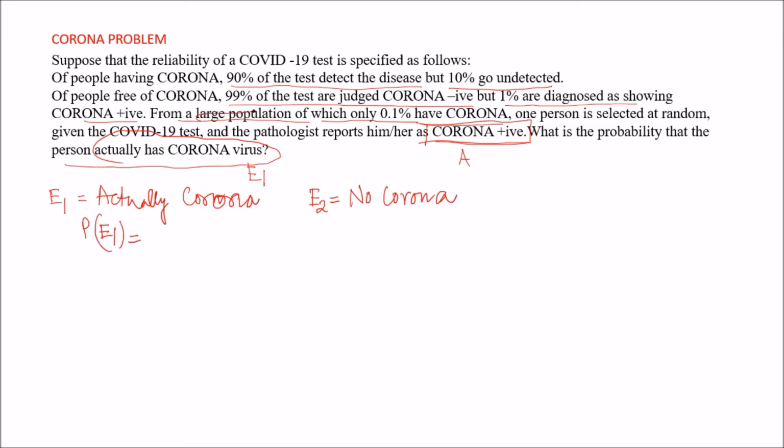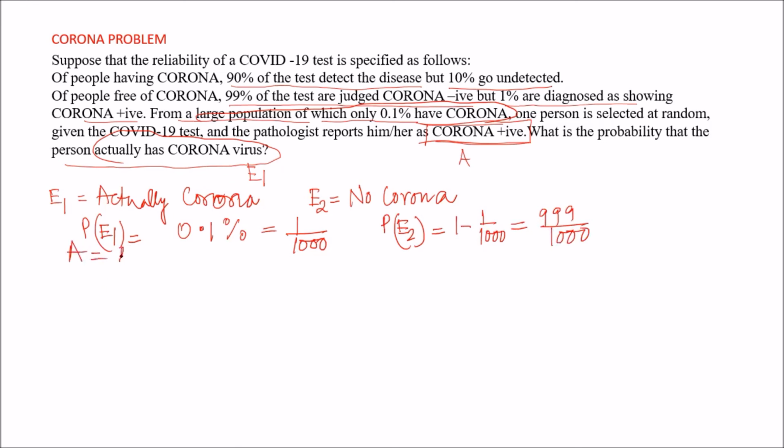From a large population, only these have corona. So 0.1%. 0.1% means 1 by 1000. So what will be P(E2)? Not having corona, it will be the complement. So 1 minus 1 by 1000 is equal to 999 by 1000. Now next, A is, we are taking A as, test is positive.